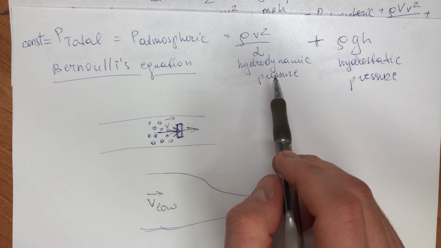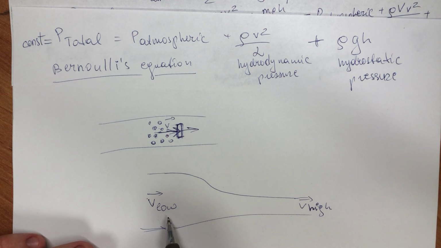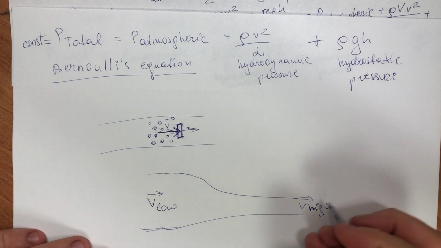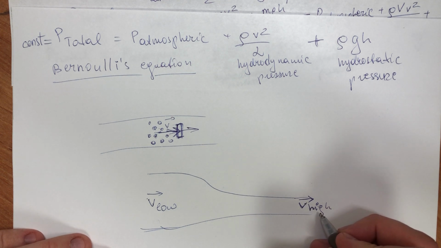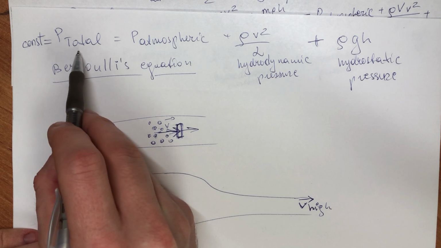So here velocity is low, here velocity is high. So at the narrower pipe, velocity increases, because total pressure has to be constant.